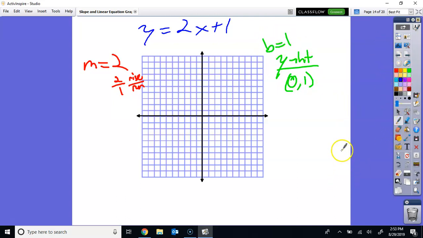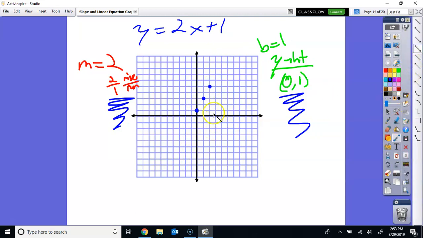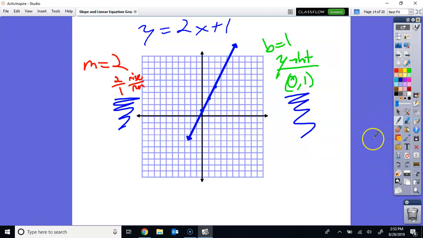If you look at that, what you can do is start your graph at (0, 1). You know your graph is going to touch that point. Then you know your graph is going to do 2 over 1. So you go up 2 over 1, up 2 over 1. Remember, slope is always measured from left to right. So make sure that if your line is positive, it should be sloping up from left to right.